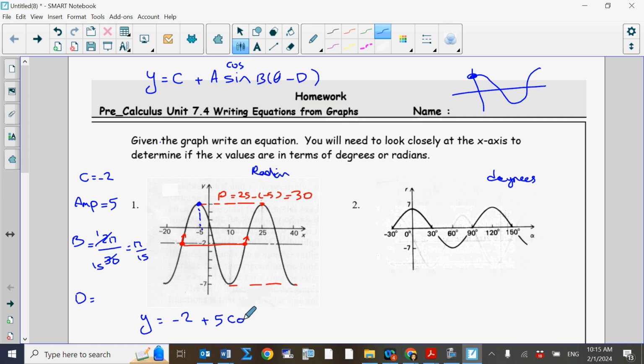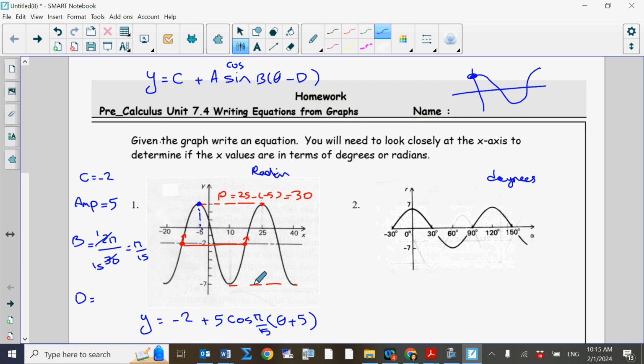So I write cosine, and then I need to write the b value, which is pi over 15, and then theta. Because this is moved left 5, I need to write plus 5. Because you know, if you move left, you write plus. If you move right, you write minus.